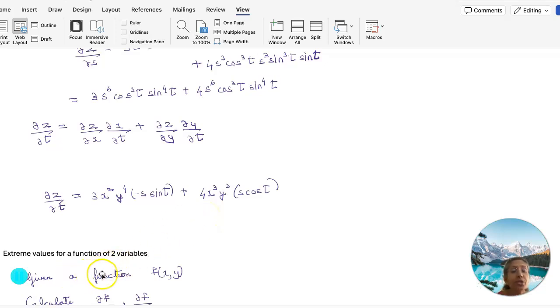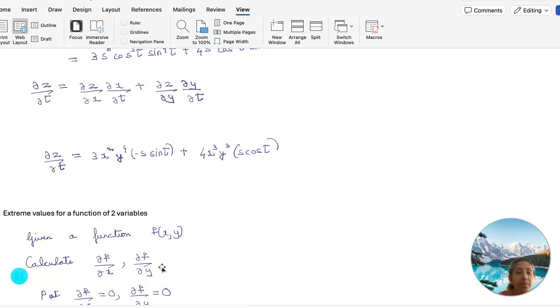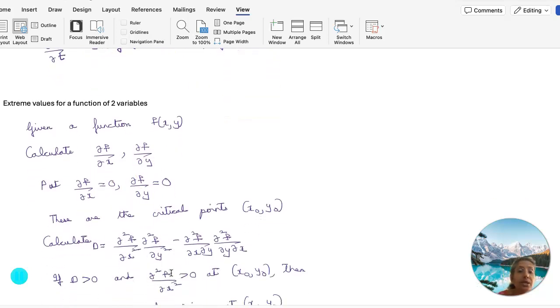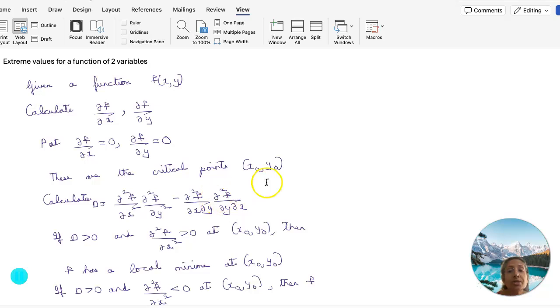Now we come to extreme values for a function of two variables. Given a function f(x,y), first calculate del f by del x and del f by del y, equate both to 0, and these are the critical points which we call x0, y0. And now you calculate D, which is d2f by del x squared into d2f by del y squared minus d2f by del x del y into d2f by del y del x.